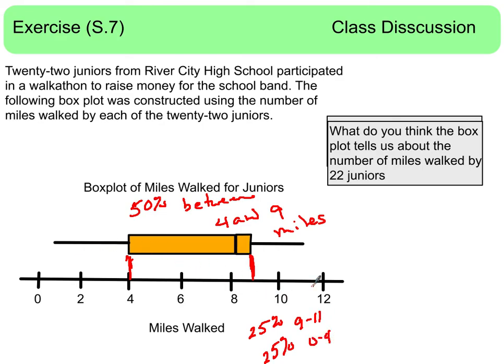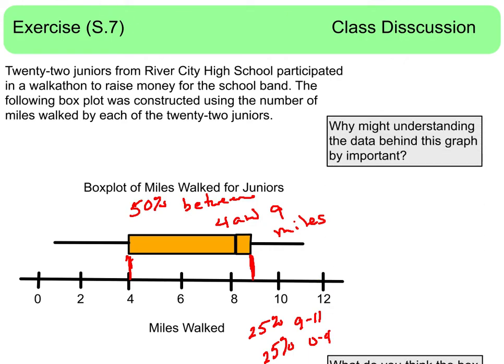So we can look at that demographic and data and see where each one is in that particular design. Why might understanding this data be important? Again, it would provide an indication of the participation level of the junior class. A sponsor of the event may be interested in this particular data and what's going to happen.